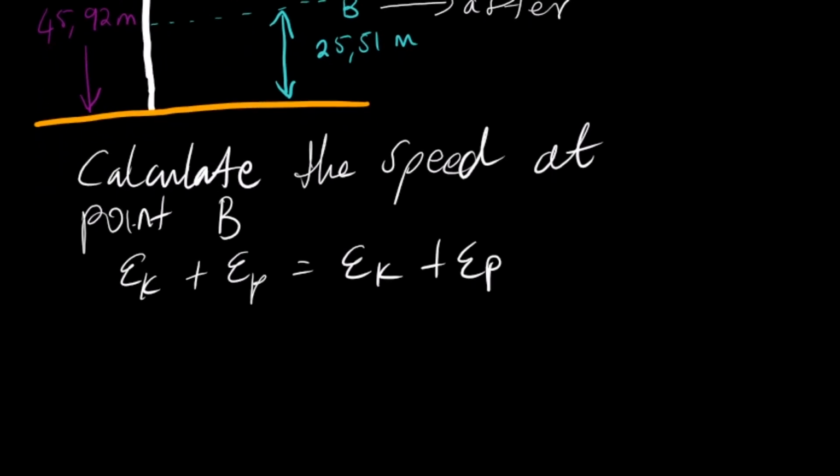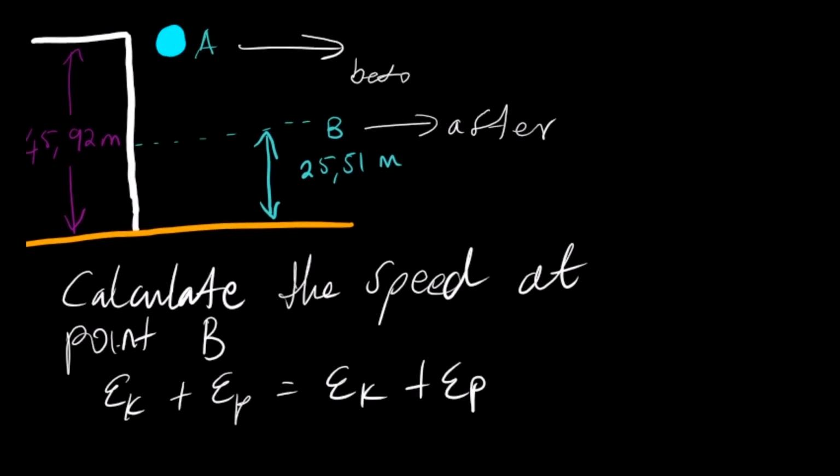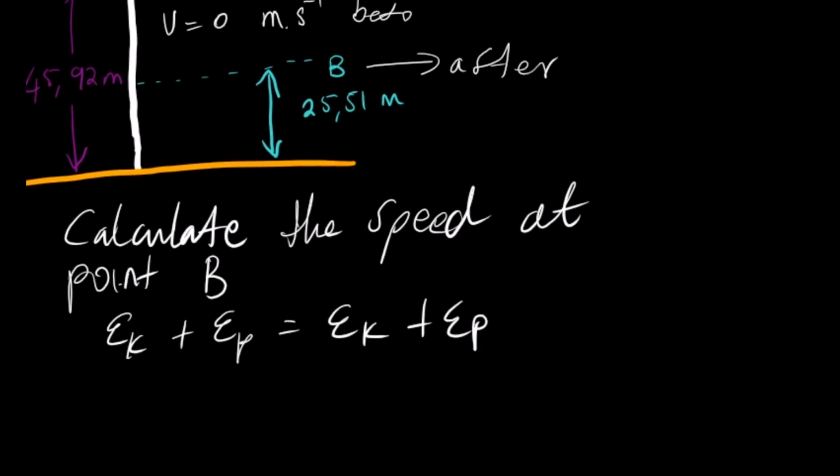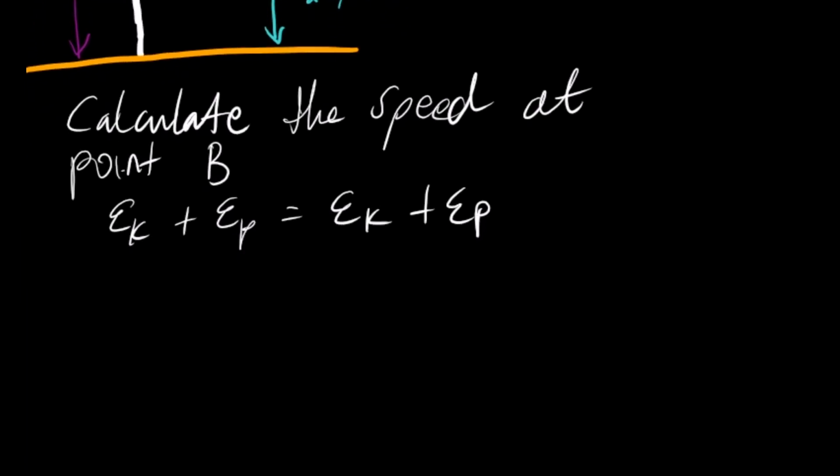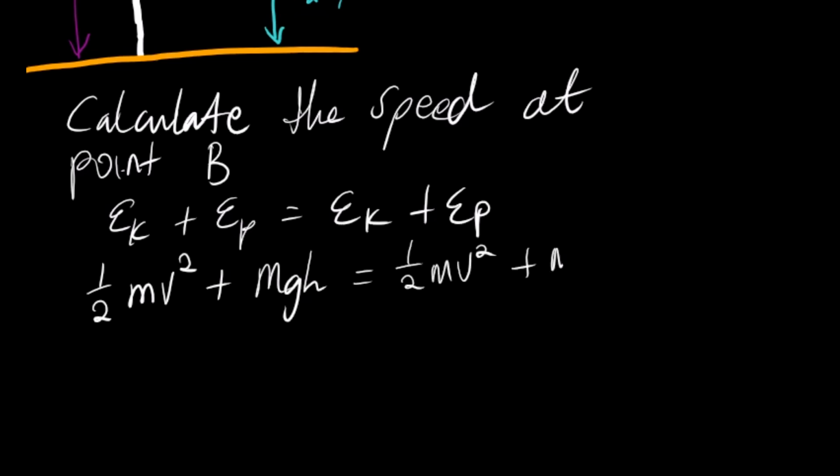Now before, as you can see, the ball was released, so it means our velocity is 0 at point A. And then we're looking at the velocity at point B. Furthermore, when we expand this, we have half m v squared plus mgh.